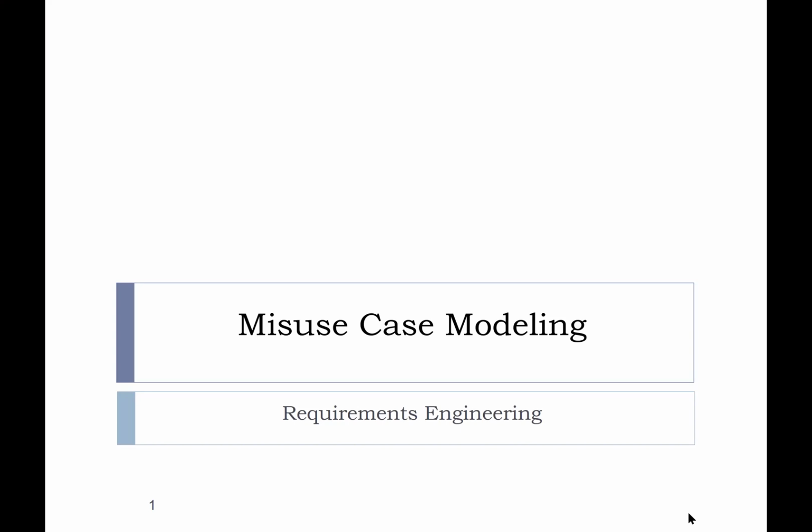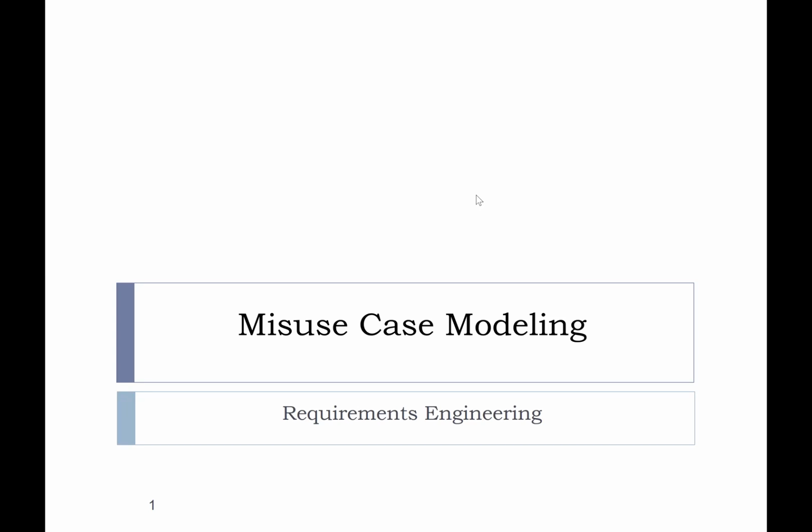And if you're wondering, does misuse case modeling have to do with use case modeling? The answer is yes. It has everything to do with use case modeling. All right. Now, as you can imagine, the word use is to make use of something, and the word use case means it's a case of usage.